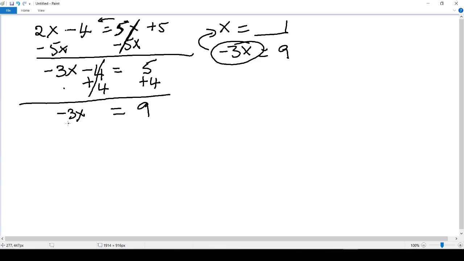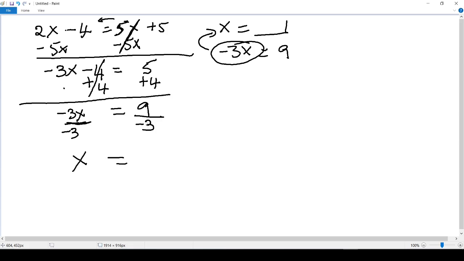We will divide by -3. In order to get rid of these -3s, we will divide each side by -3. So -3x divided by -3 will give me x, right?